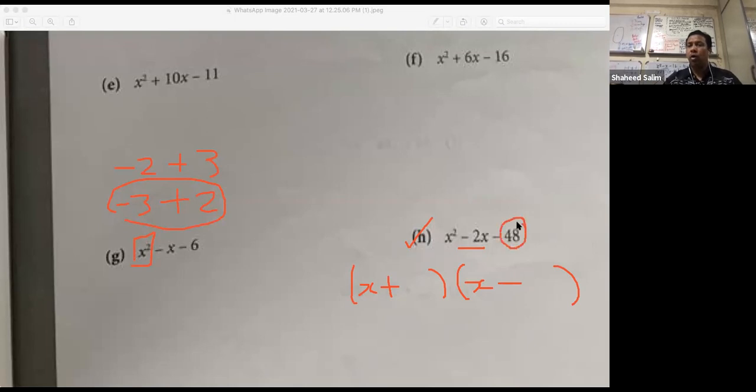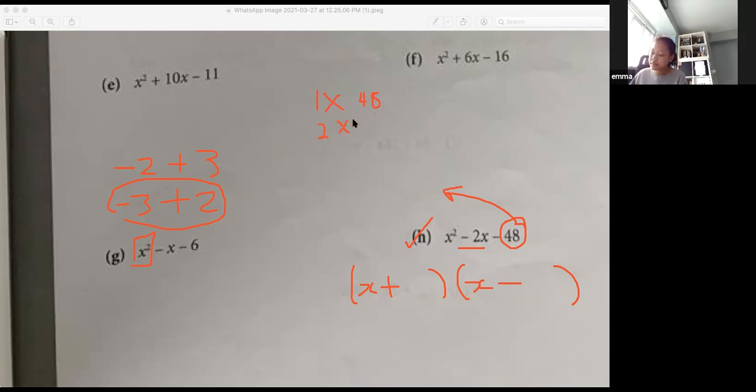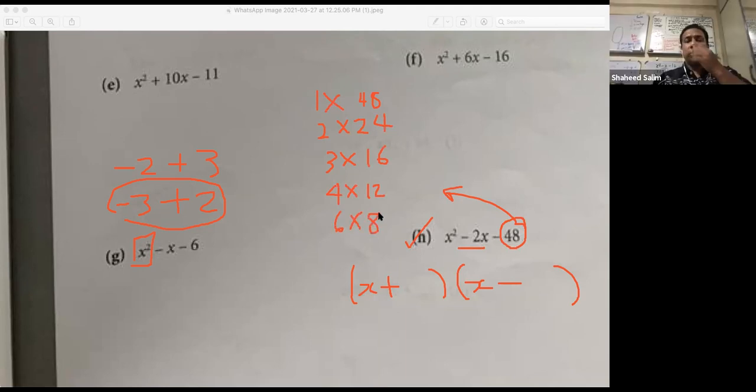If unsure, write down all the possibilities of the times table here. Okay, I've written the possibilities for you.